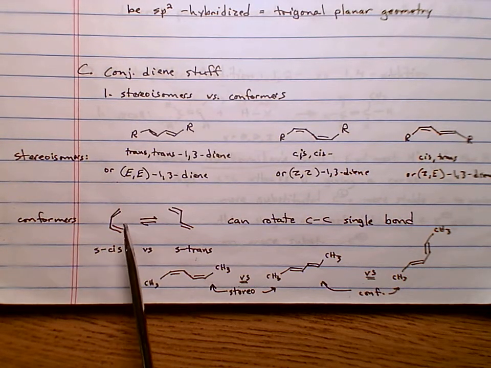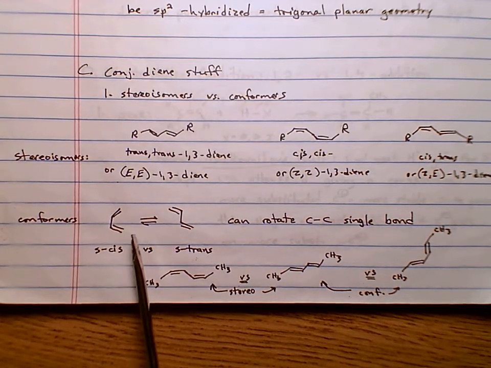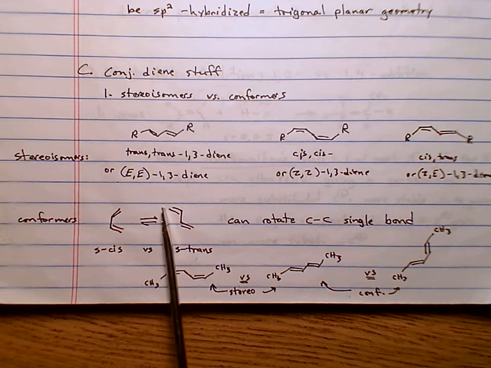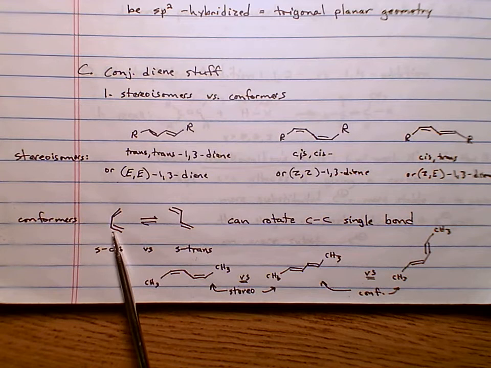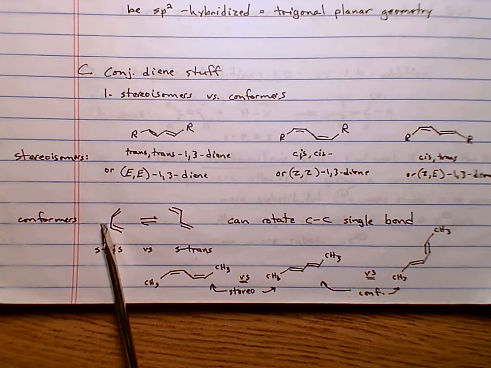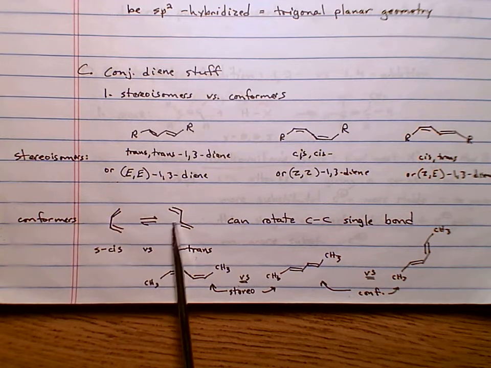However, let's look at this one right here. If we have double bond, single bond, double bond, what's the relationship between this? Well, note, to go from here to here, all you have to do is rotate this single bond. I highly recommend getting out your molecular models, making this 1,3 diene, and then note you can just rotate this and go from here to here very easily.